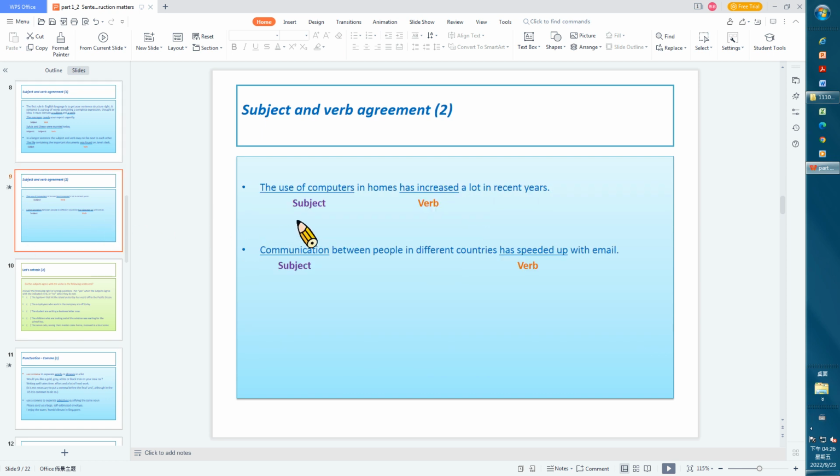Let's look at another two sentences. The use of computers in homes has increased a lot in recent years. Here in the sentence, the use of computers is the subject, has increased is the verb.